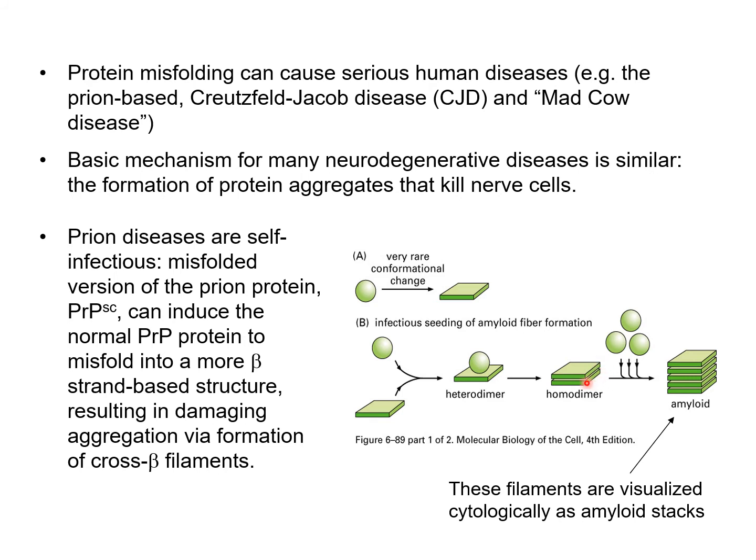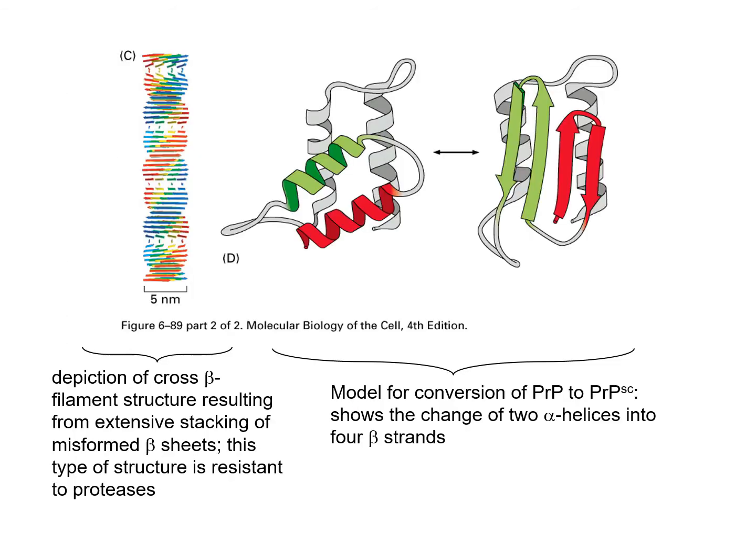Now the homodimer of the infectious protein structure can affect all other normal prion proteins to make the amyloid protein aggregation. This image shows the cross beta filament structure resulting from extensive stacking of misfolded beta sheets.